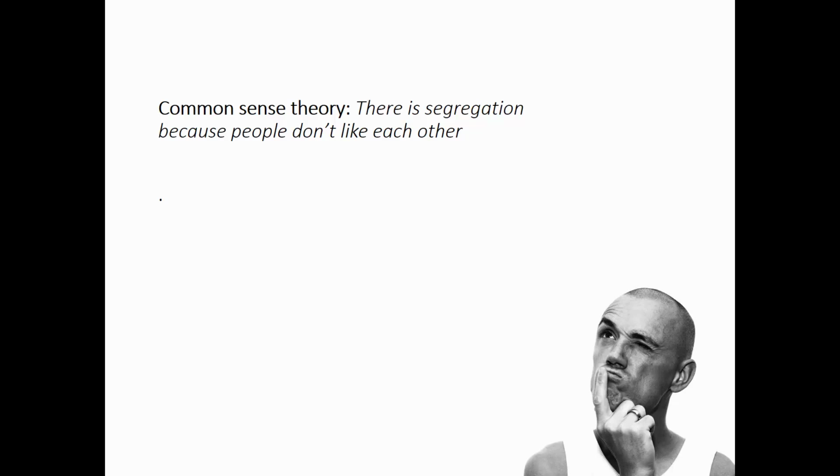We observe this pattern, and many people are unable to distinguish between the broader macro level pattern and the micro level motives and actions that play a role here. But it's crucially important. If there's one really important thing to take out of this whole course, it's that you need to distinguish these things, because you cannot conclude from the one to the other. But if you wouldn't know that, you could say, okay, there is segregation because people don't like each other.